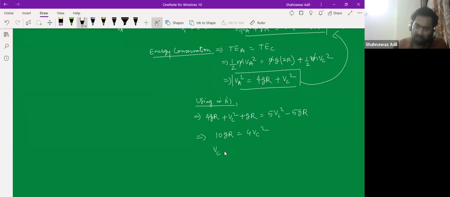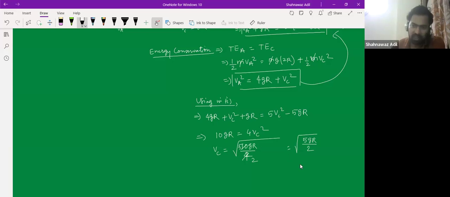So vC square is how much? That is root of 5gR by 2, so root 5gR by 2.